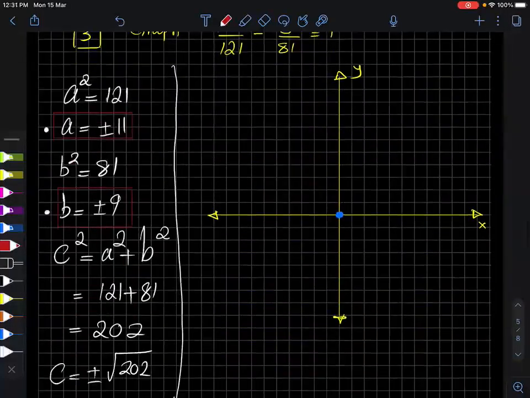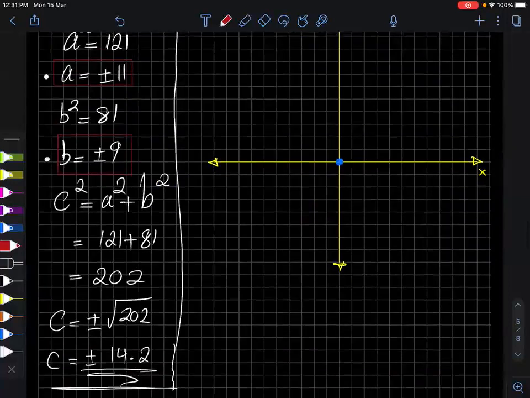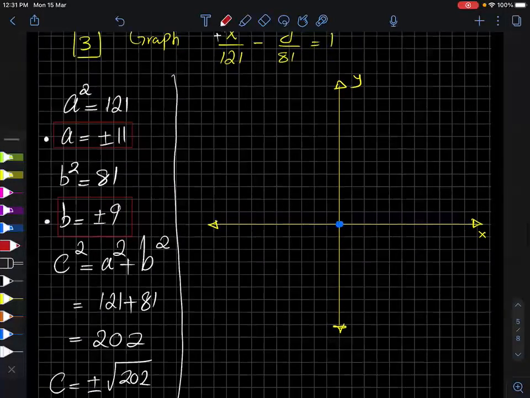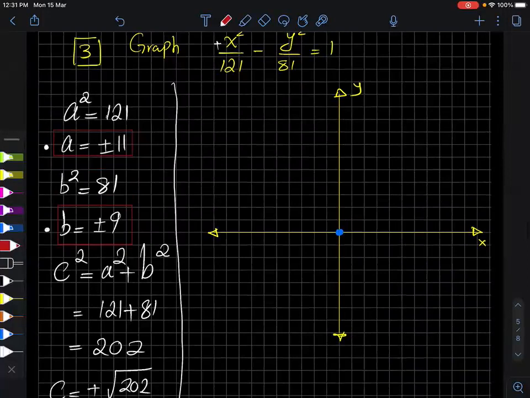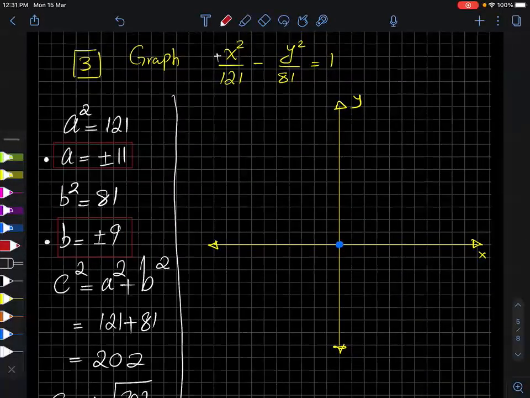Does the parabola open right or left? Right and left. Okay. From the center 0, 0, the transverse axis will be here on the x-axis.